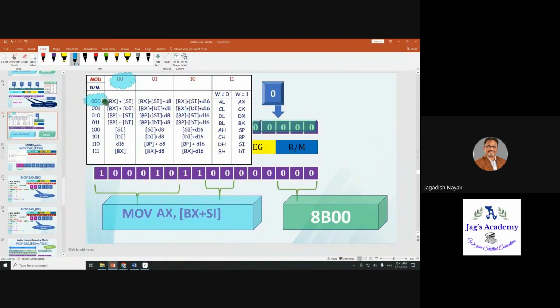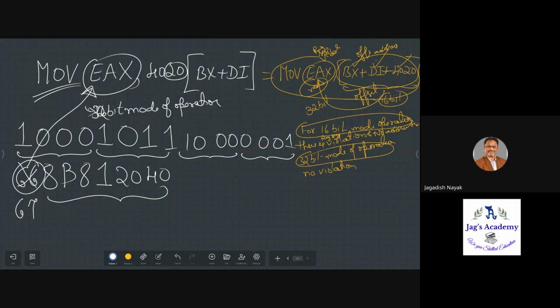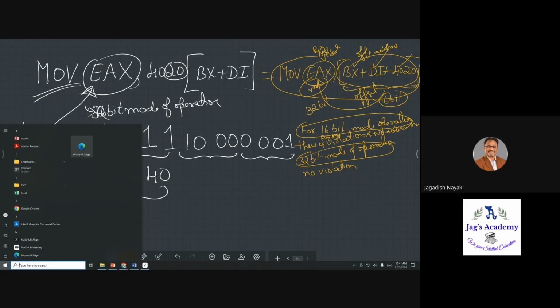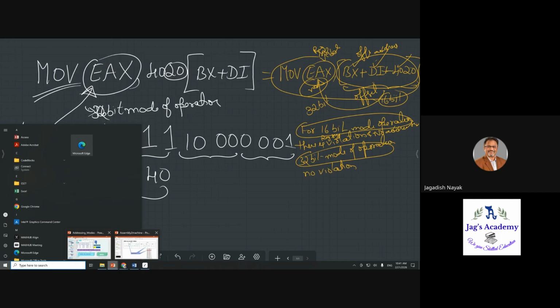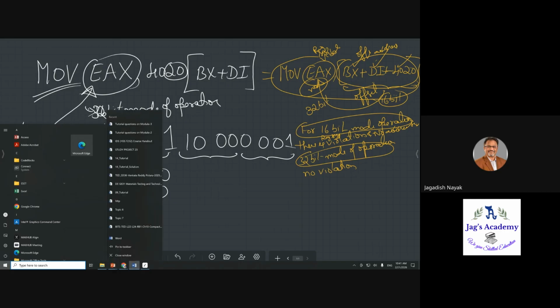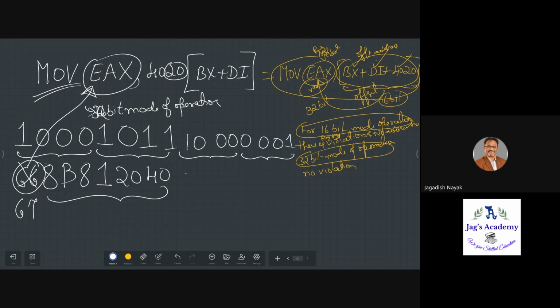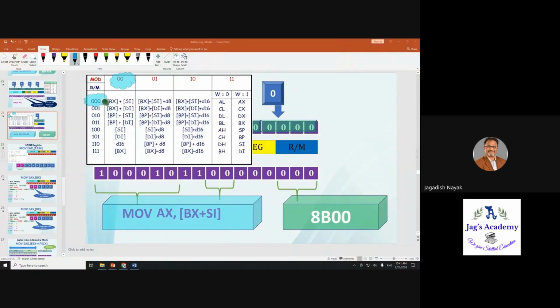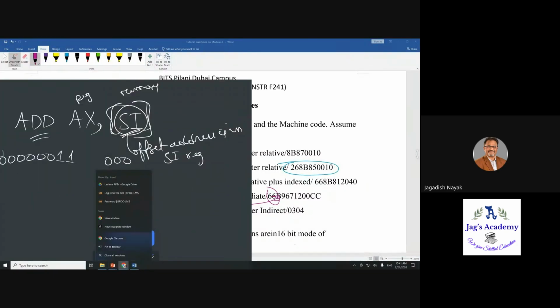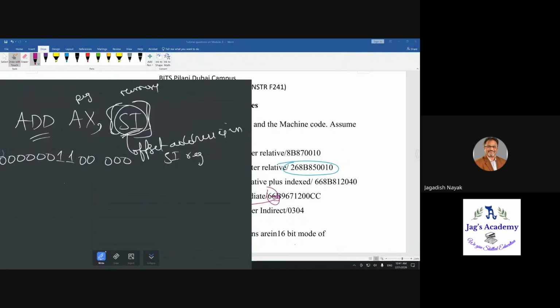So for SI it is 00100, right? Yes or no?